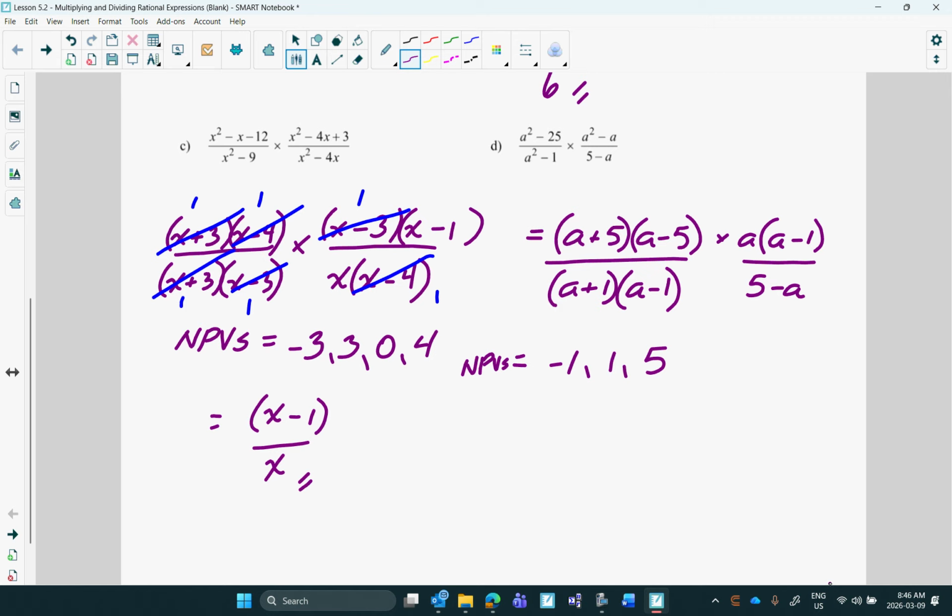Now remember, when you have an expression by itself like this, it's got two terms in it, think of it like it's got parentheses around it. Makes it easier to reduce. Speaking of which, what could I reduce? A minus 1. Divide each of those and get down to 1.